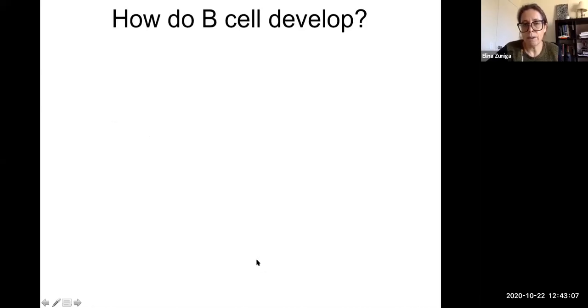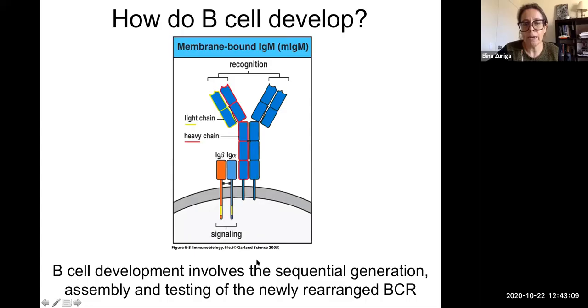How do B cells develop? B cell development involves sequential generation, assembly, and testing of the newly rearranged BCR. Ultimately you need a B cell that has a functional BCR that is constituted, as we learned, with two identical heavy chains and two identical light chains.